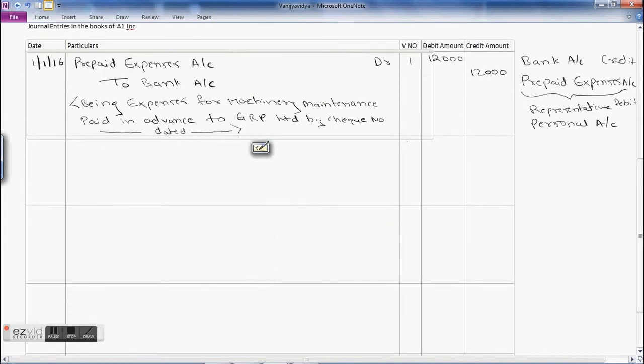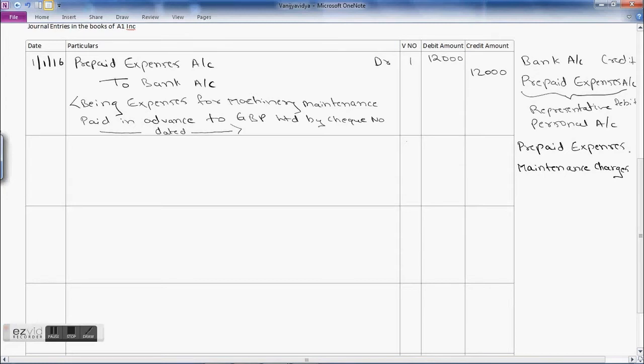So we'll pass an entry for the expense due. One effect we have to give it to prepaid expenses, since we need to adjust it from prepaid expenses, okay? And we need not pay anything, so no effect to the bank account. Now one effect will go to your expense, that is maintenance charges account, right?